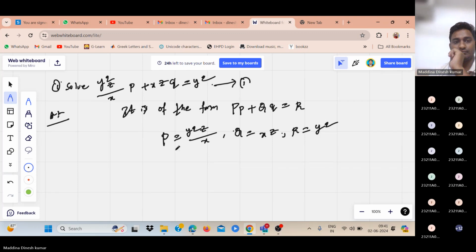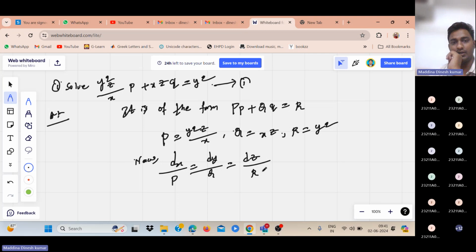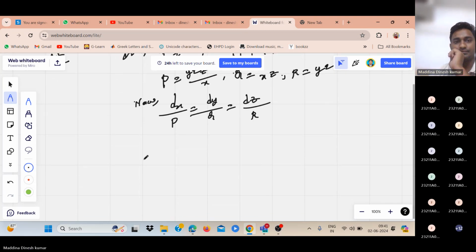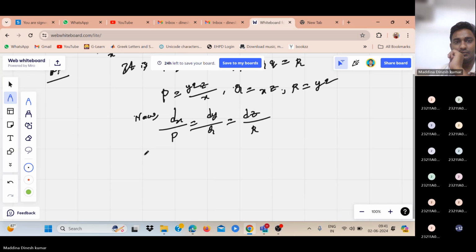Now we will write dx by capital P, dy by capital Q, dz by capital R. Next we will get dx by y square z by x equal to dy by xz equal to dz by y square.